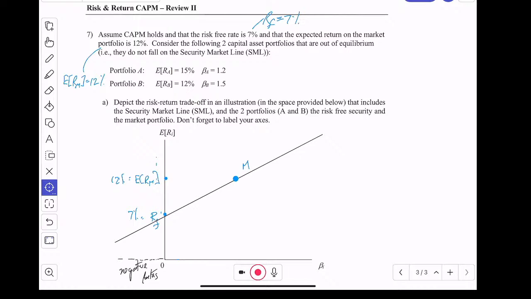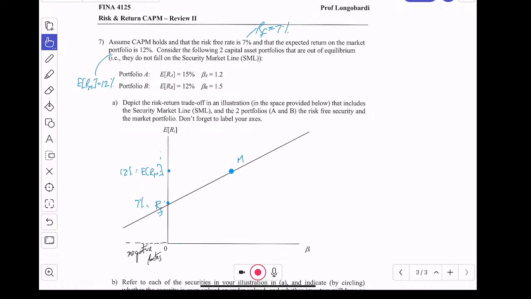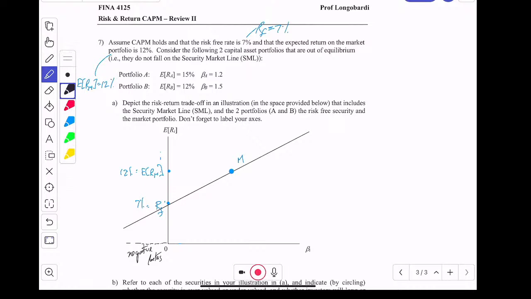Now remembering, the beta for the market portfolio was 1.